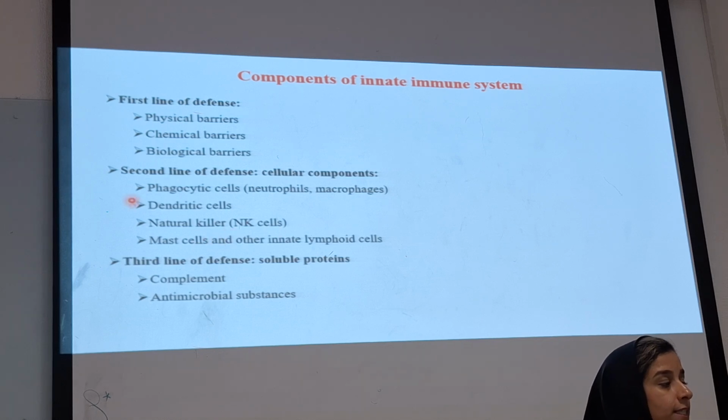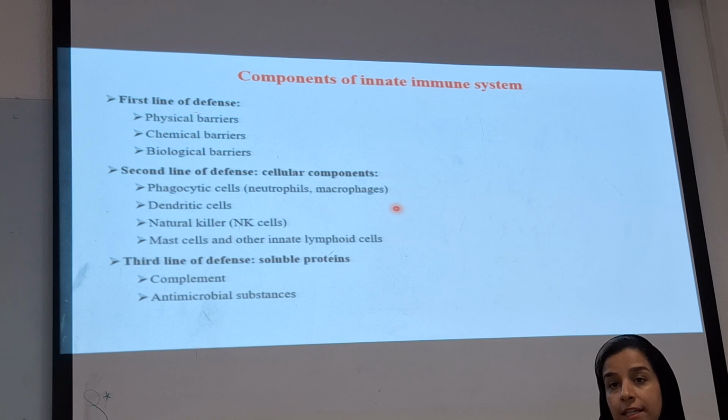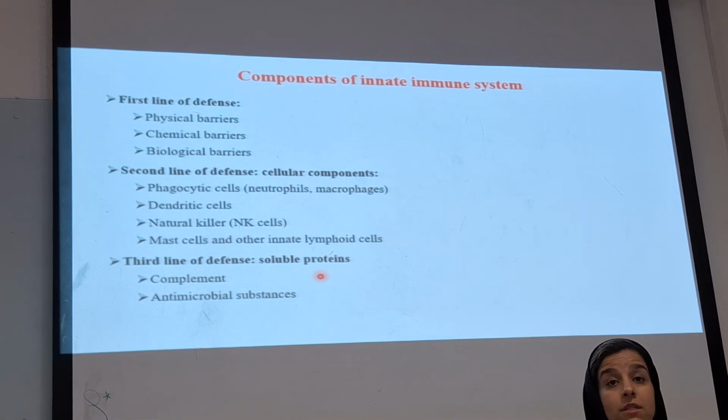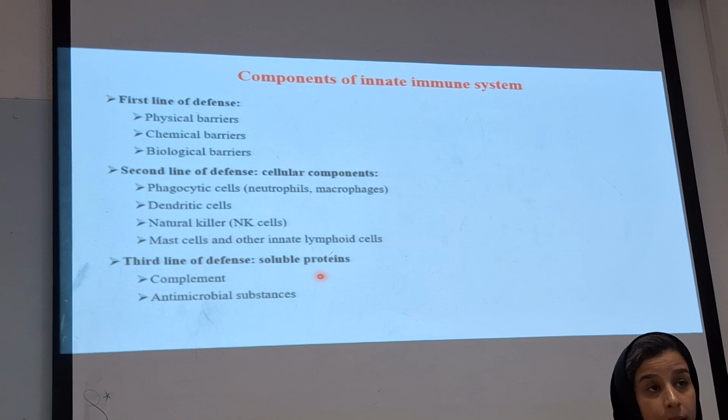So this second line of defense is the cellular component of the innate immune system. And in the third line, we have a lot of soluble proteins like complement, antimicrobial peptides, and some opsonins.